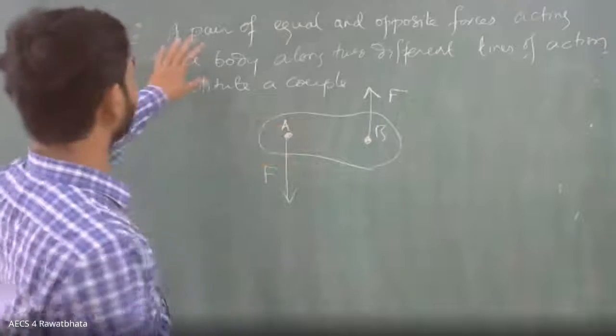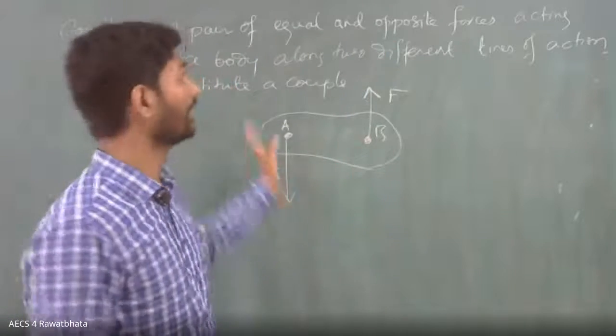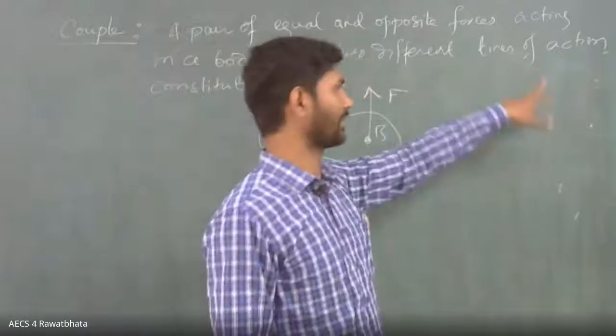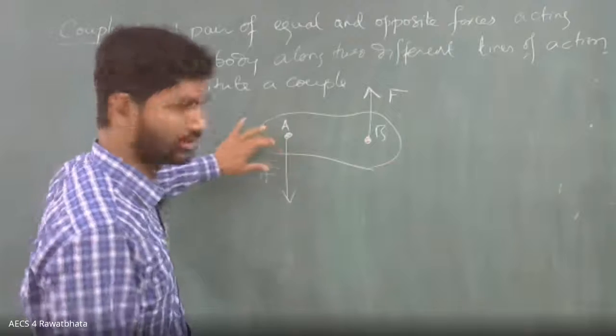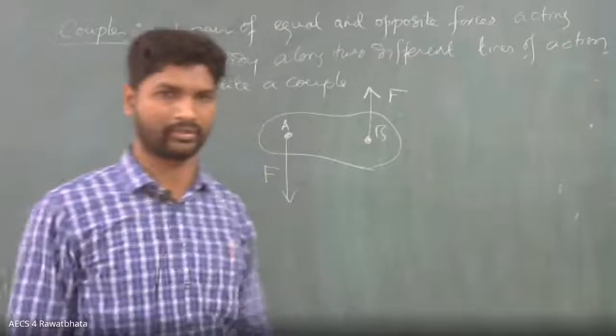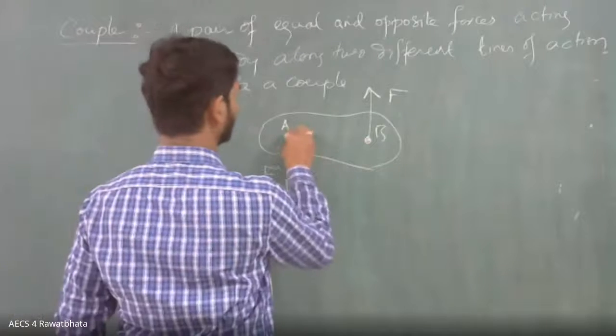So you can see the statement, a pair of equal and opposite forces, obviously equal and opposite, and their lines are different. That is, the lines of action are different. So the line of action for the first force is here and the line of action is different, entirely different. Okay, so they constitute a couple.